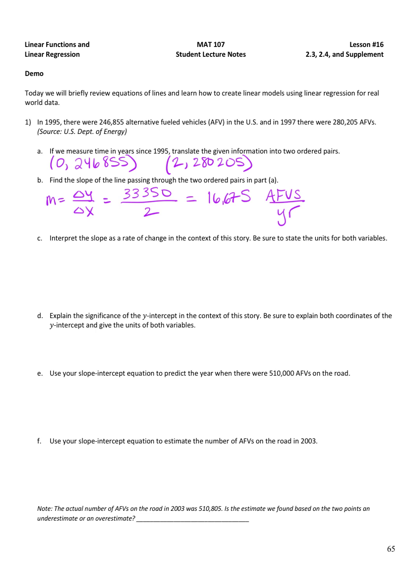So once you have the units on there, it's much easier to interpret the slope. And you can say that the number of AFVs was increasing by 16,675 AFVs each year.